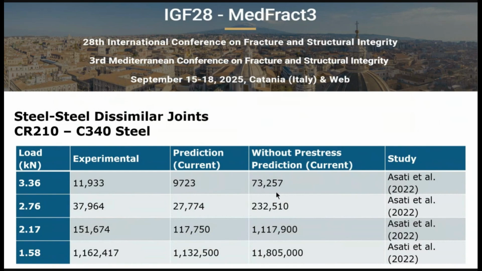Without press stress, the solutions are more realistic than in the previous case, because when the dissimilarity increases, as in the previous case with an aluminum alloy and a magnesium alloy, we cannot predict these with simple models alone. But with press stress, as you can see, the prediction in low cycles becomes very clear.